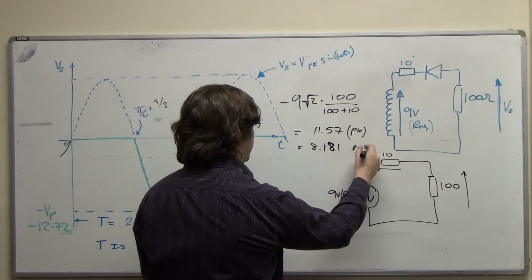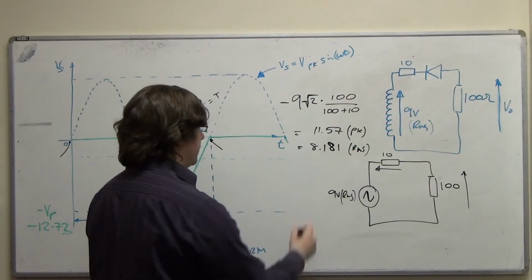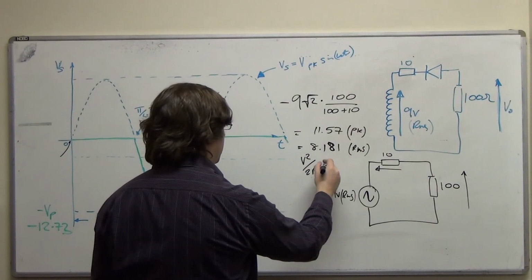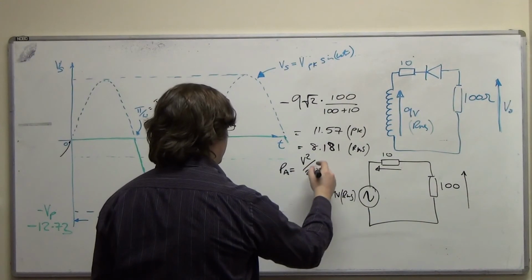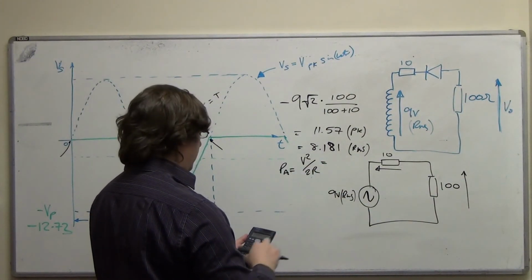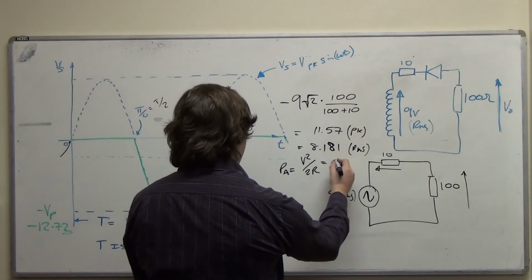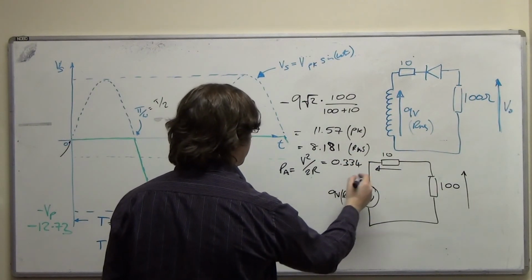This is RMS. So if I know it's RMS, I can do V squared upon 2R to get average power, which will be squared upon 200, 0.334 watts.